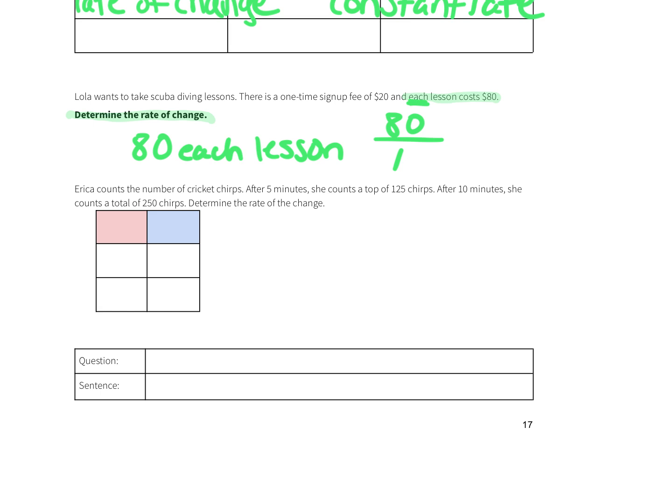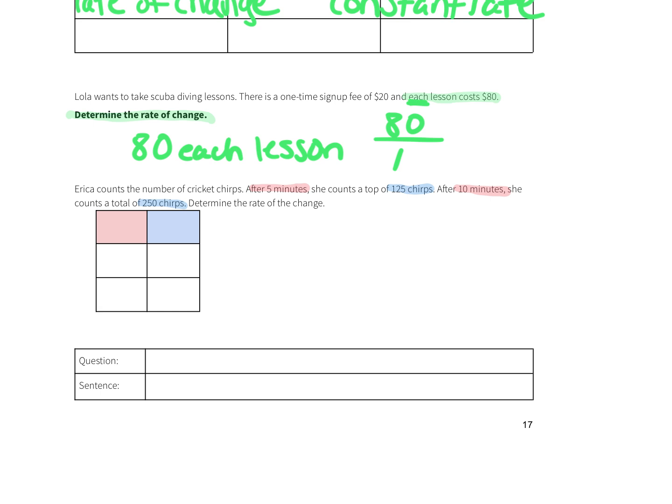Okay, but to find our rate of change, we need to look at the two things that we're comparing. So first, we have 5 minutes. After 5 minutes, there are 125 chirps. After 10 minutes, there are 250 chirps.